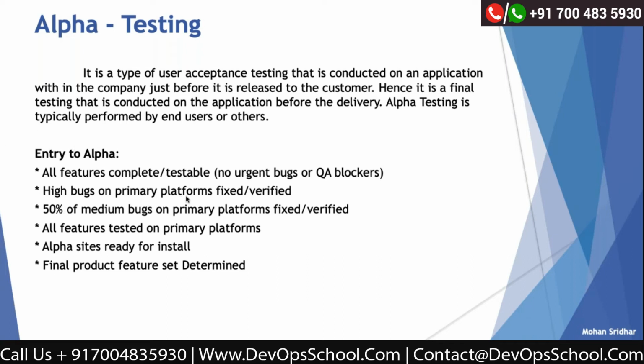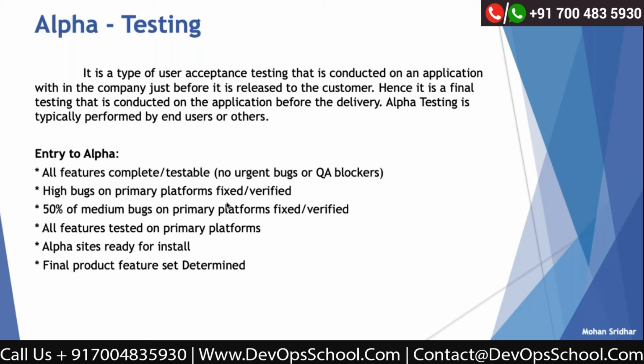High bugs on the primary platform fixed or verified. They will see if there are any open bugs, and whether those are fixed or not. And 50% of medium bugs on the primary platform fixed and verified. As I told earlier, there is no application that is 100% defect free.